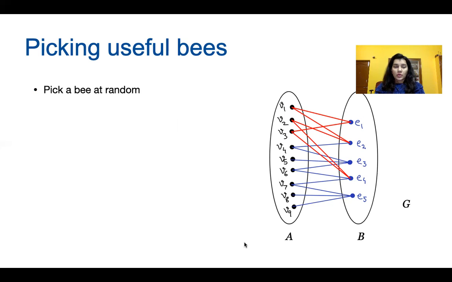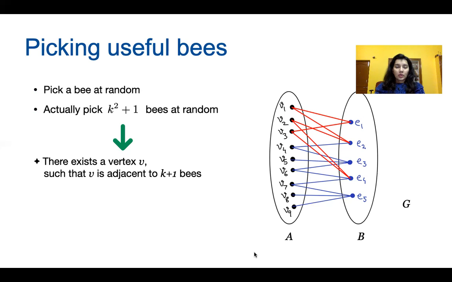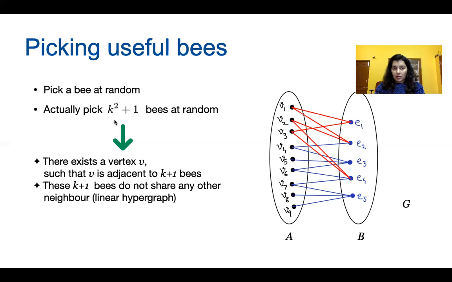So what we do is pick a vertex from the vertex set B at random. Actually, we pick k square plus 1 B's at random. Why so? Because by the pigeonhole principle, there will always exist a vertex V such that V is adjacent to k plus 1 of the B's among the k square plus 1 that we picked.